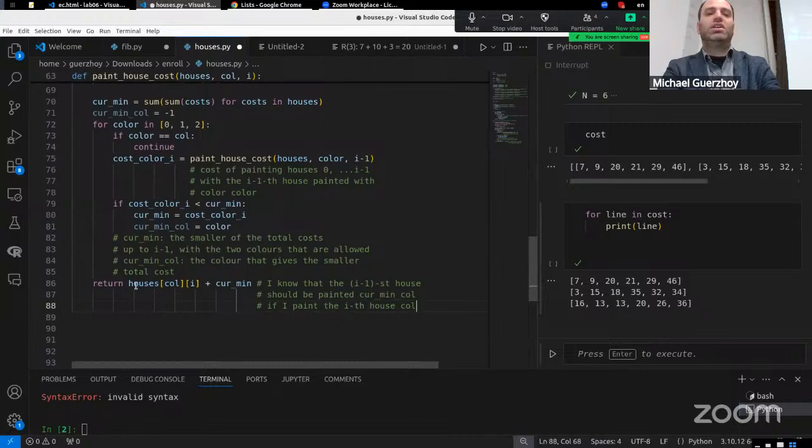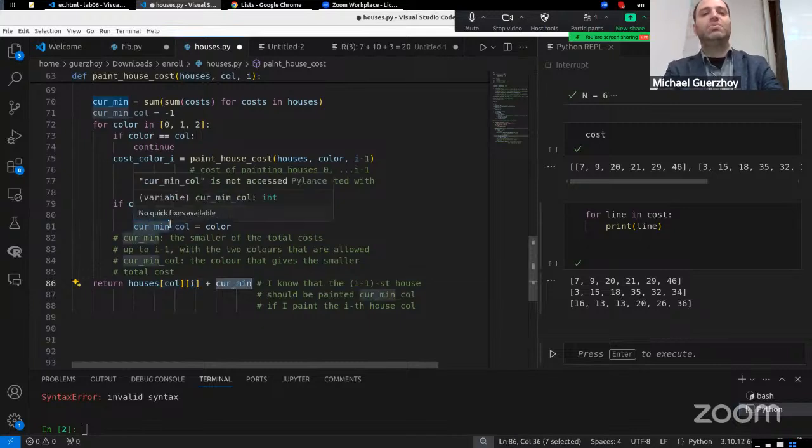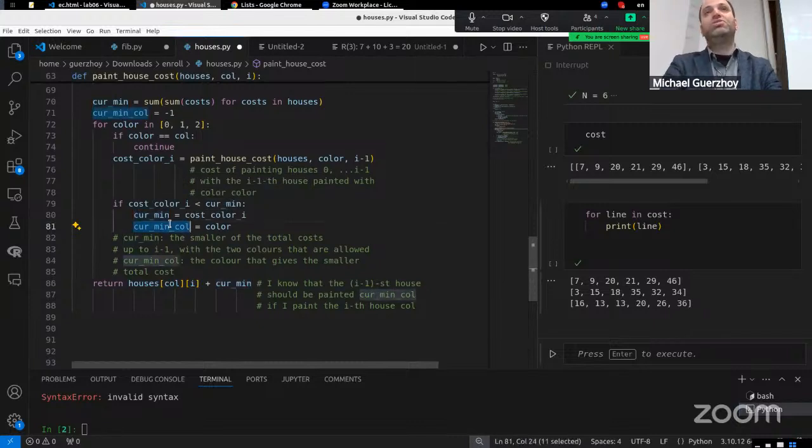So here, if I'm returning this value, then that just implies that I think that you should use cur_min as the cost. So that means that you should be using this, right?